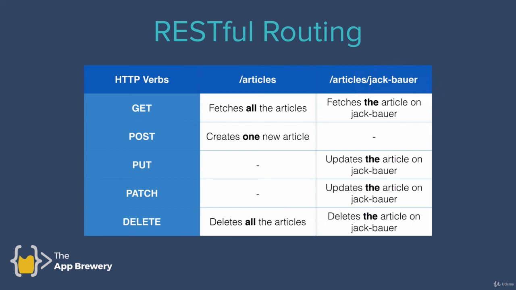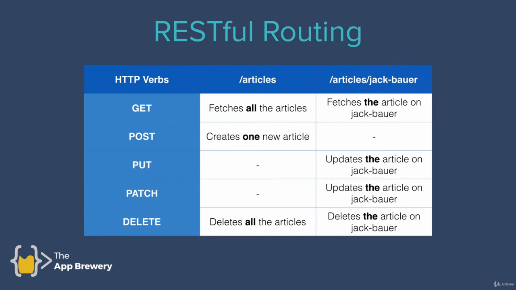So for example, if our API was the Wikipedia API, right? And in our database, we had a whole bunch of articles. Now, the route for /articles applies to all of the articles. Now, if we created a route for articles, then when a client makes a GET request to /articles, it should fetch all of the articles.